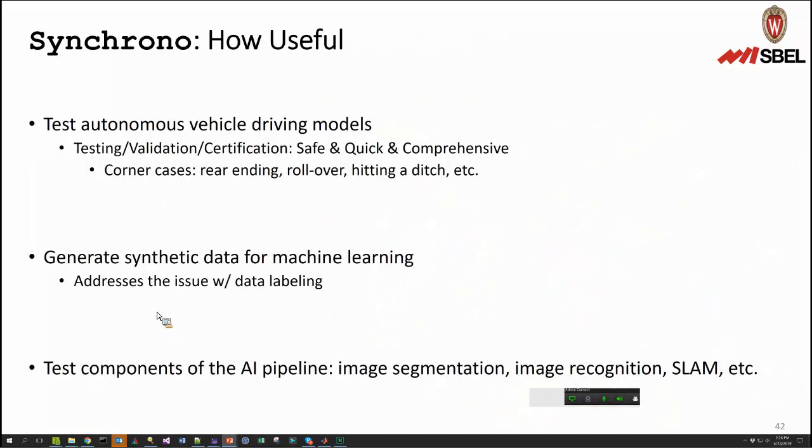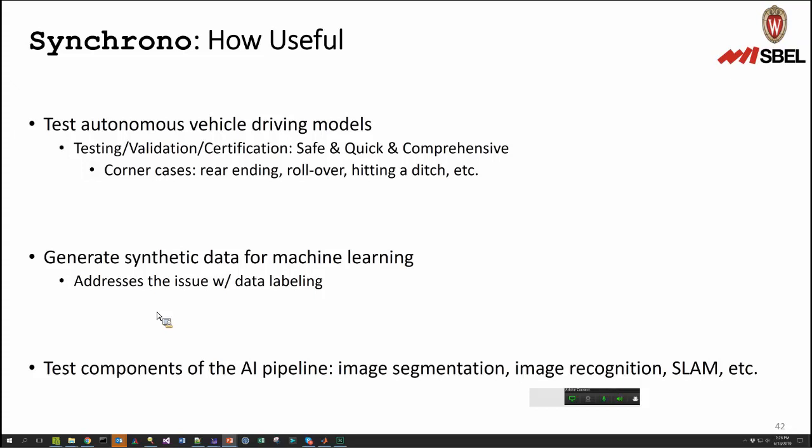So how is this useful? Obviously, it's useful to test driver models for autonomous vehicles because it's safe and quick and comprehensive. We can do pretty crazy stuff with a virtual environment because it's safe and fairly inexpensive once you set it up properly, and it's predictive.